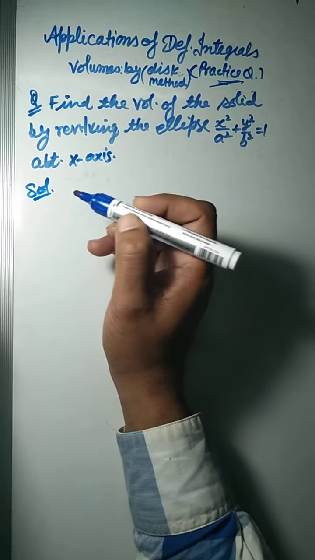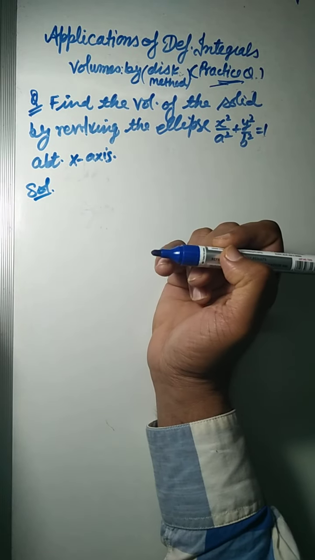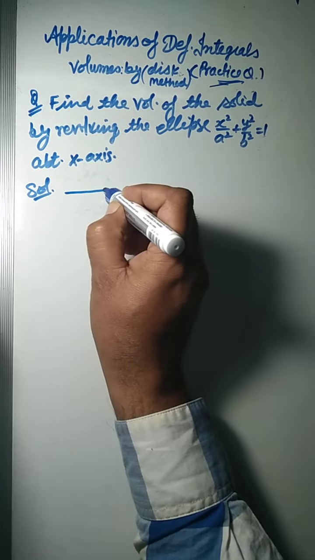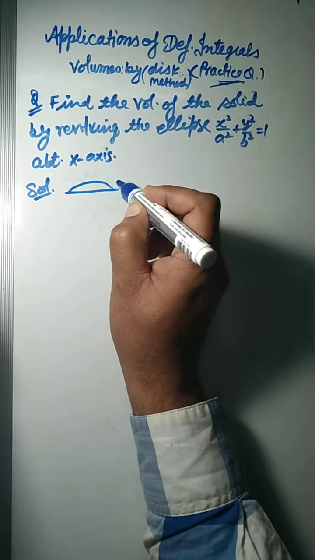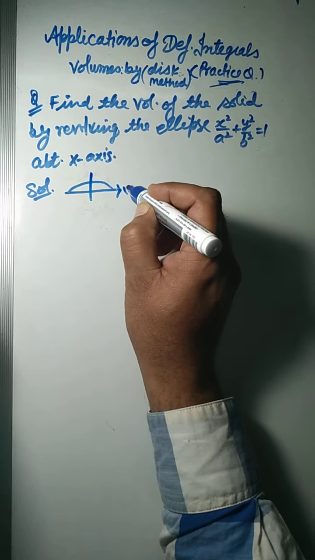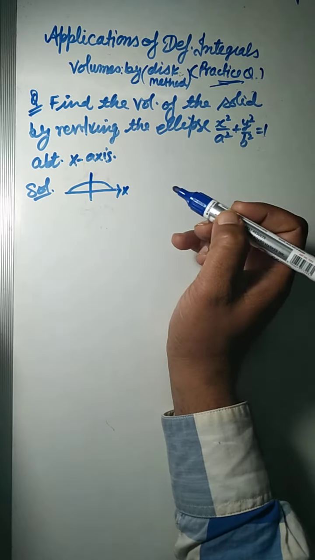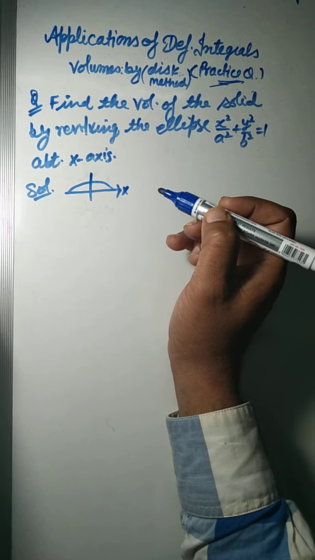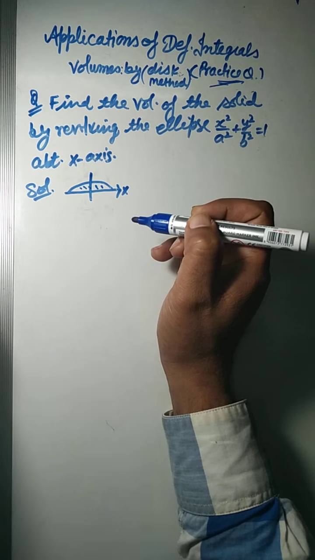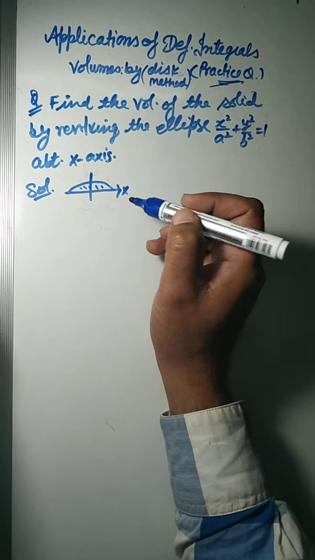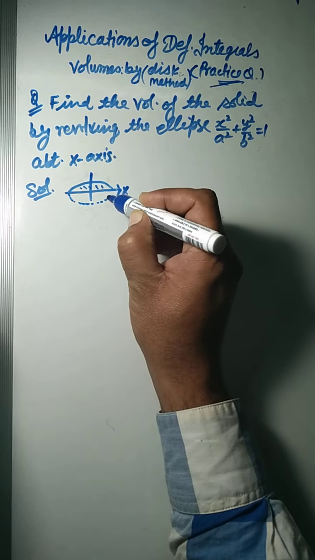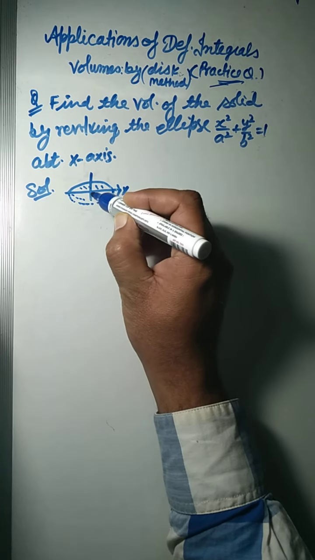We can solve. First step will be draw the curve in this way, and if we rotate this upper half of the area of the ellipse around x-axis, we will obtain it in this way.